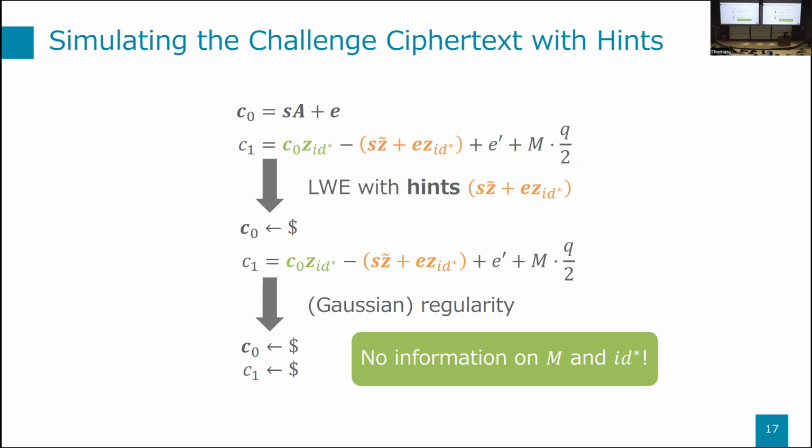So then we use Gaussian regularity in the ring setting. Okay. And so you require larger Gaussian parameters, I guess? Yeah, maybe slightly larger. You trade off the dimension. Okay, thank you.